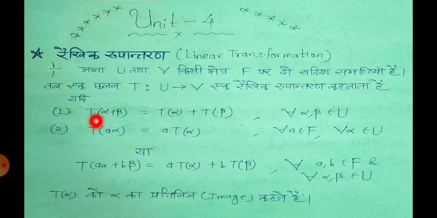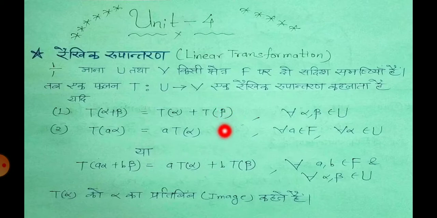First, T of alpha plus beta is equal to T of alpha plus T of beta, for all alpha, beta belonging to capital U, that means the domain. And second, T of a alpha is equal to a T of alpha, for all a belonging to the field capital F and for all alpha belonging to capital U.